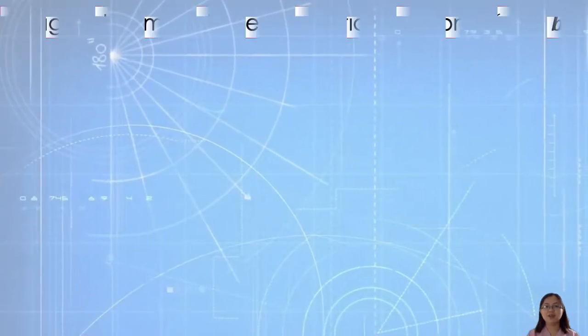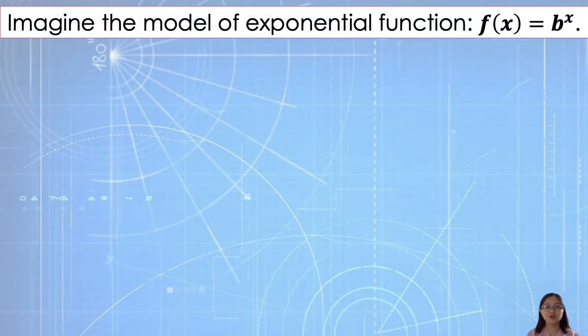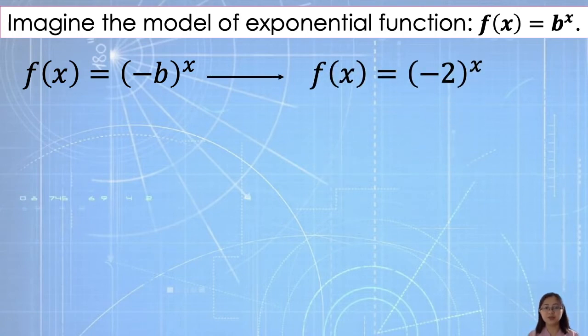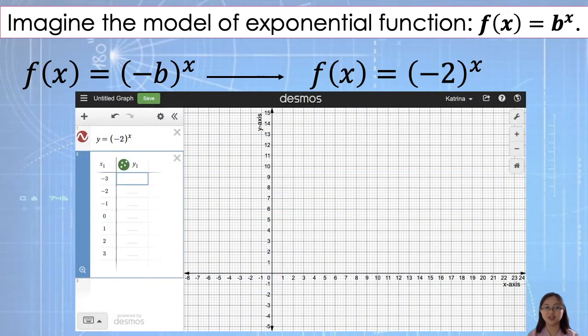Let us start by imagining the model of an exponential function f of x is equal to b to the x. What if the base becomes negative? So let's have f of x is equal to quantity of negative 2 raised to x, and let's try to graph it using decimals.